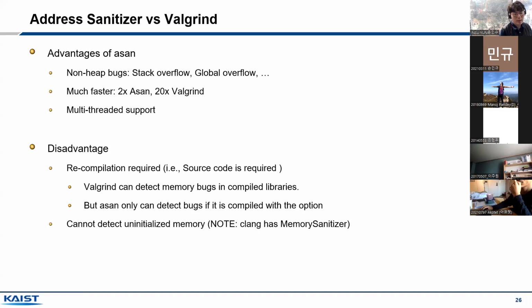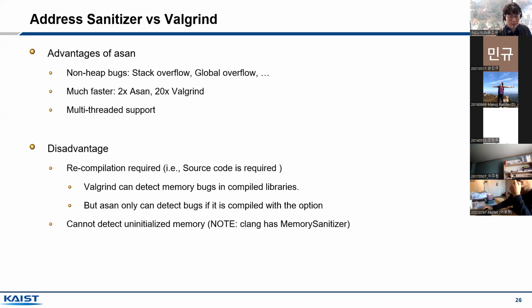And another one is that it cannot detect uninitialized memory. Valgrind can detect the uninitialized memory, but address sanitizer cannot. But one thing I want to mention is that there is another type of sanitizer called the memory sanitizer. Memory sanitizer is more powerful than the address sanitizer, but it is slower.